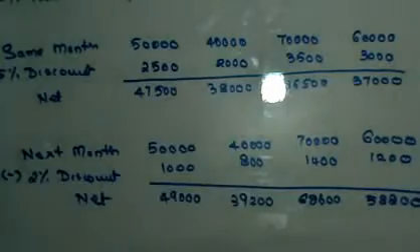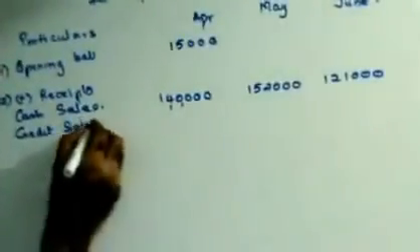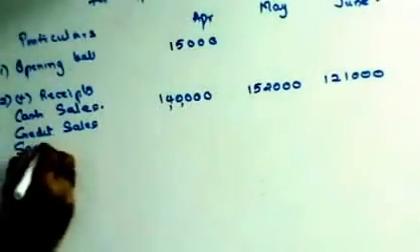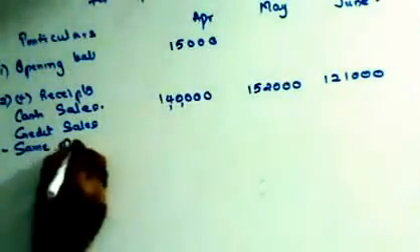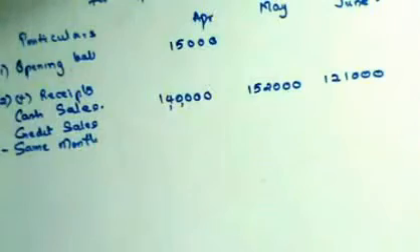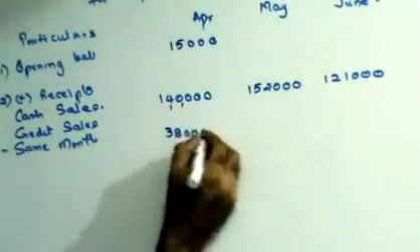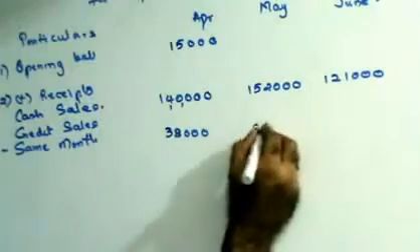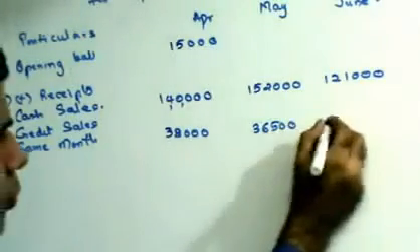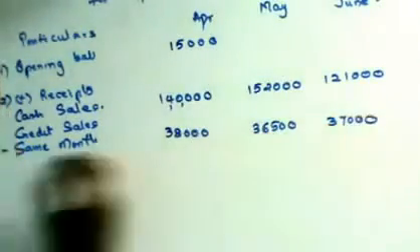Before we move on to creditors, let's see credit sales. Same month credit sales are April 38,000, May 36,500, June 37,000.